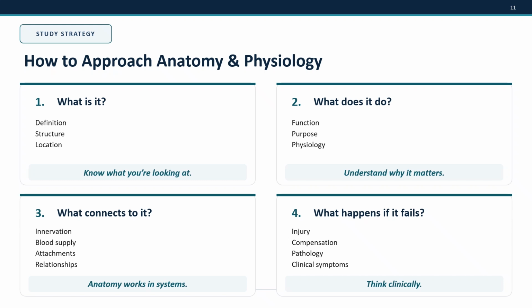And the reason that we're setting all these foundational principles is because this is exactly what we're doing every day as clinicians. Someone comes in, you are legally responsible for giving them a diagnosis and forming a treatment plan off that diagnosis. So approach anatomy and physiology by asking yourself these four questions, and it should take you a long way.